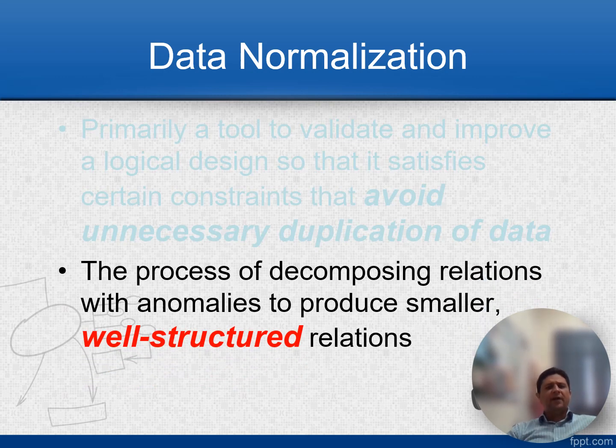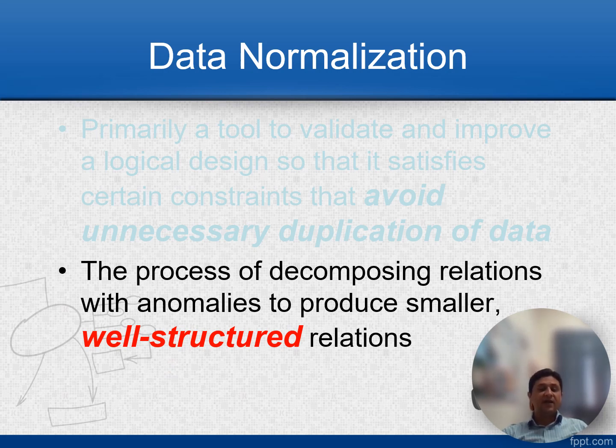So it can also be viewed as a process of decomposing larger relations with anomalies in order to have smaller, well-structured relations. For example, if we have some relations which have some anomalies, that we shall see in the next slide, what type of anomalies can be there.